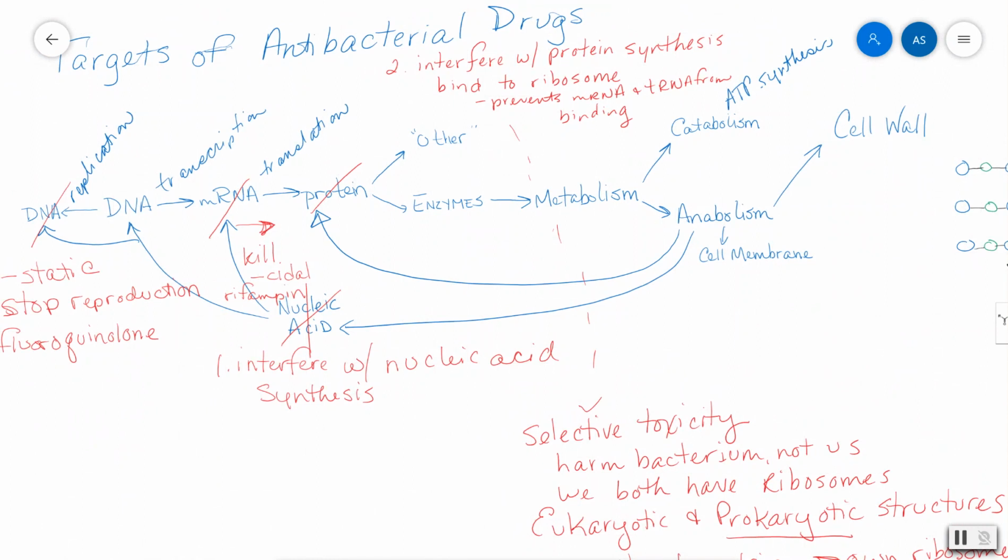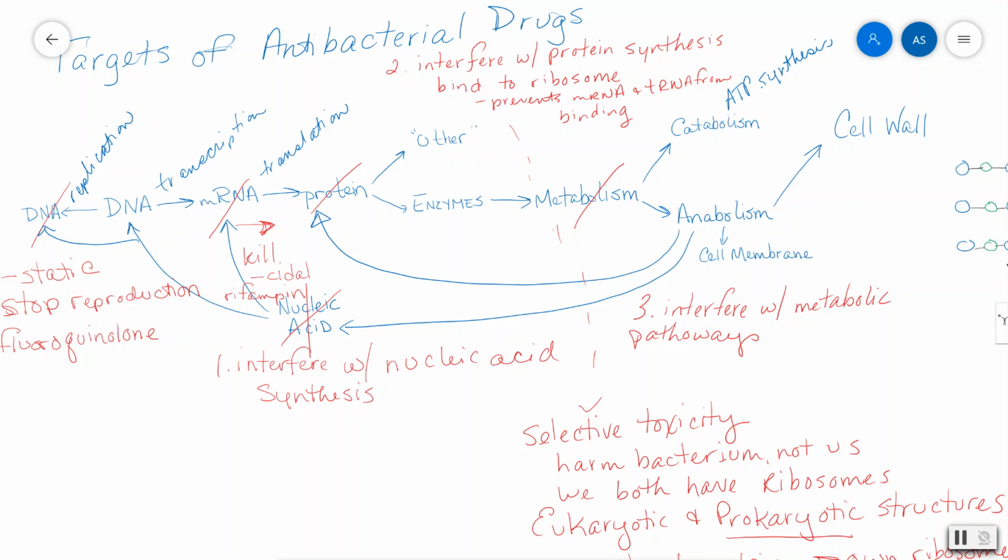Okay, our next target is to interfere with metabolic pathways. And this is sort of a catch-all for all of the other metabolic pathways in the cell that aren't directly related to reproduction or energy synthesis.